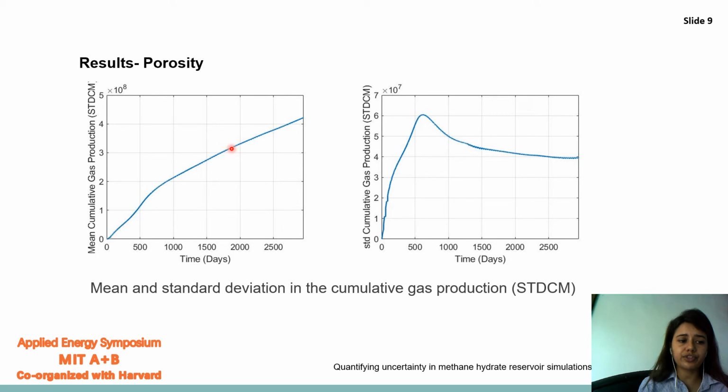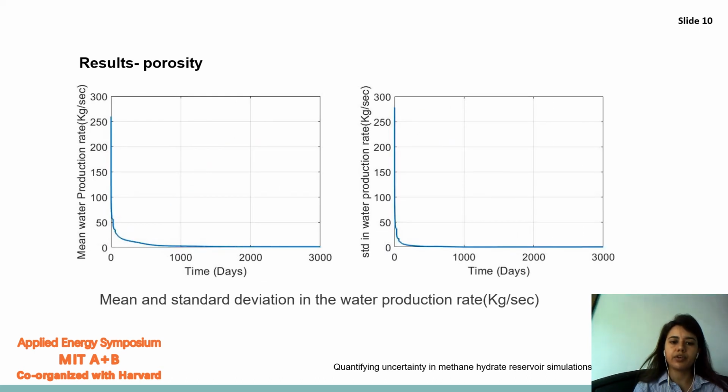The standard deviation shows that the gas production is sensitive to the porosity of the reservoir. The mean and standard deviation in the water production rate due to the uncertainty in the porosity are shown here. The water production rate is higher initially, then it decreases and is very low, which shows that the water production rate is less sensitive to the porosity of the reservoir.